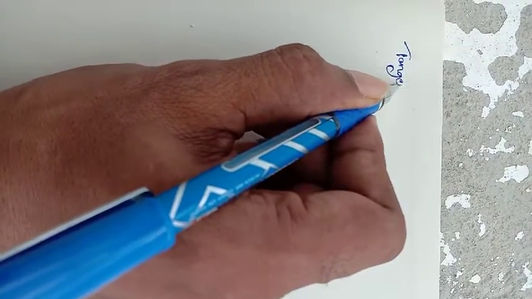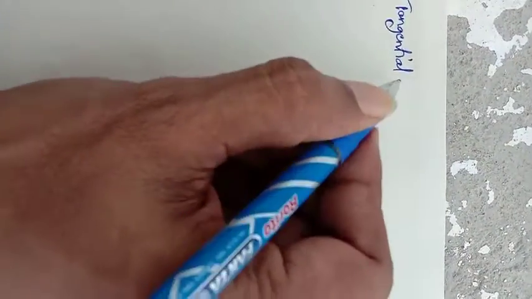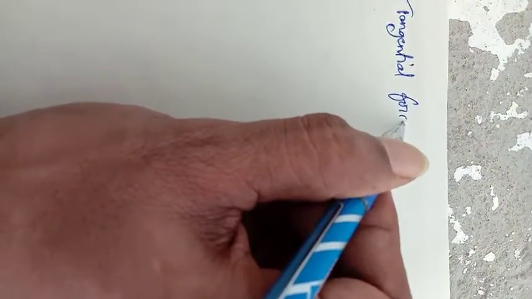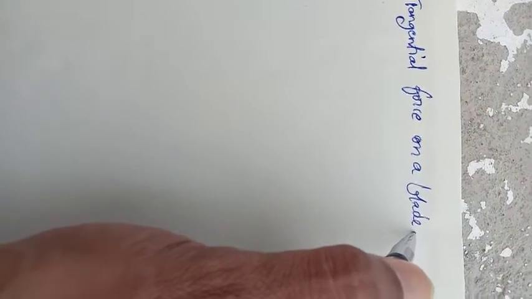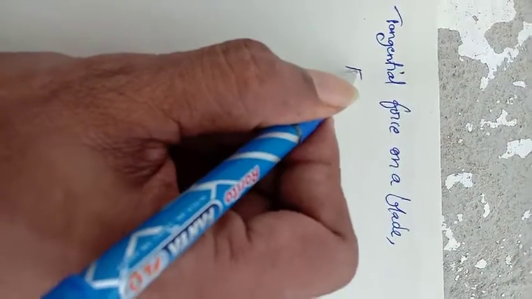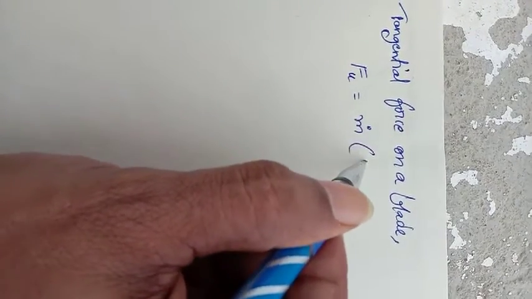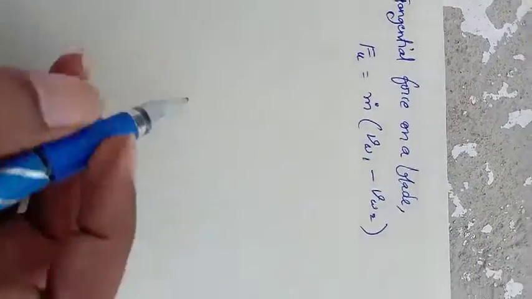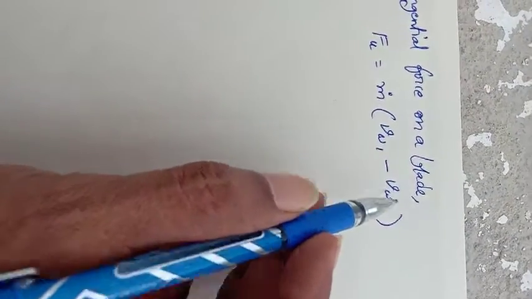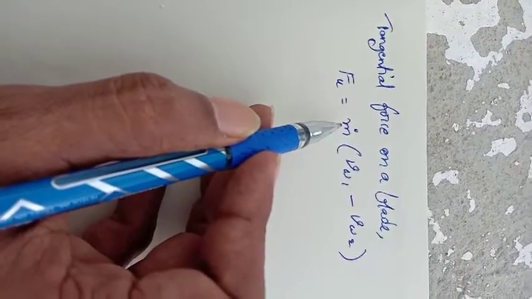The tangential force on a blade, that is equal to Fu is equal to m into inlet velocity minus exit velocity. Okay, m is coming from here, mass flow rate.